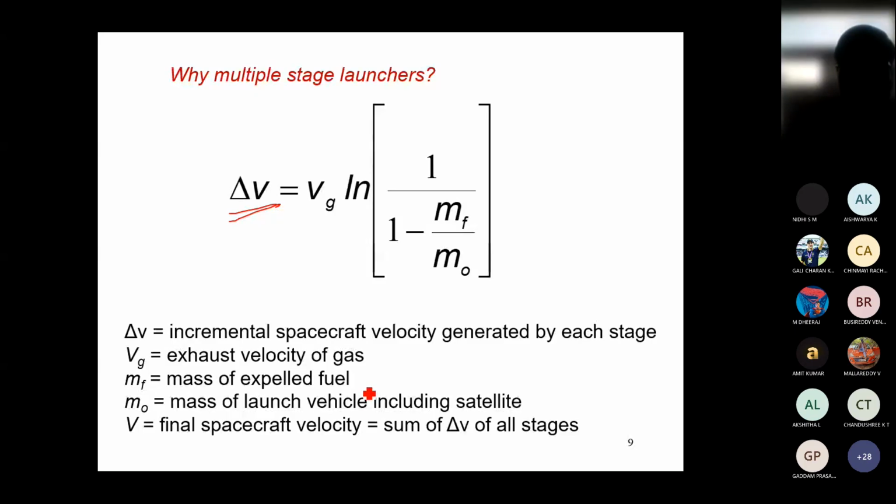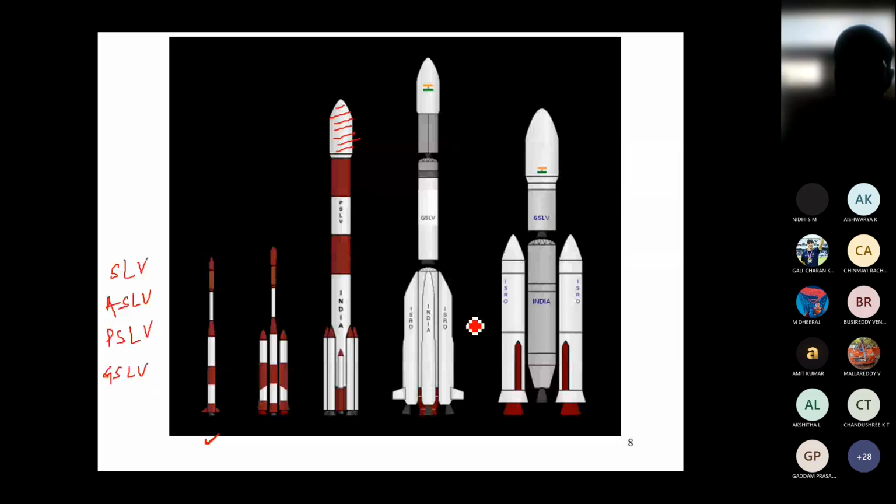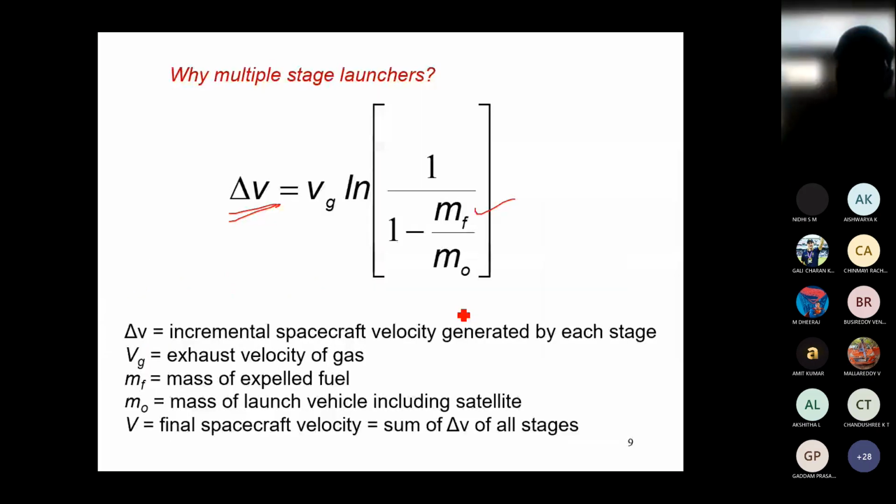And M0 stands for mass of launch vehicle, including satellite. So M0 is the mass of launch vehicle, including satellite. That means it is the total mass of the rocket. Okay, and how can we calculate the final velocity? Final velocity is the sum of the incremental velocities of the satellite. Getting my point?